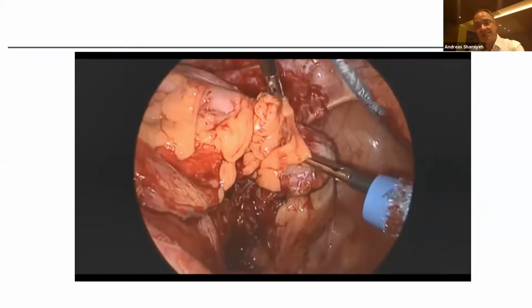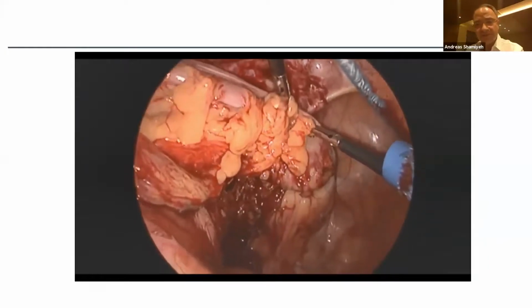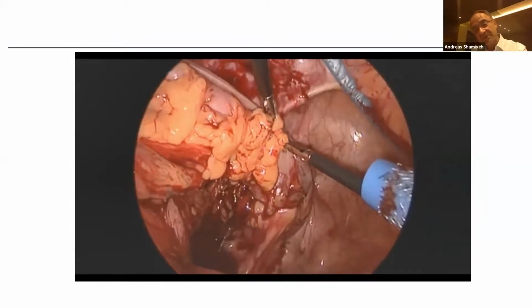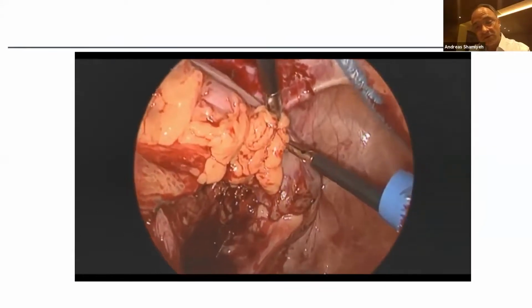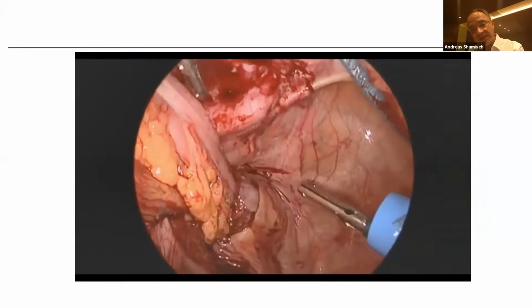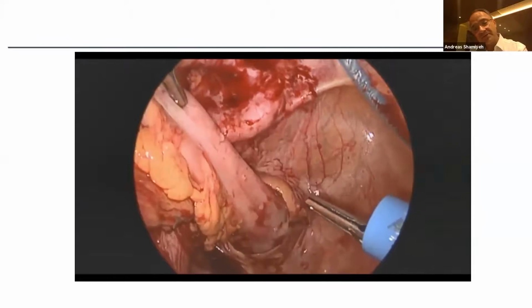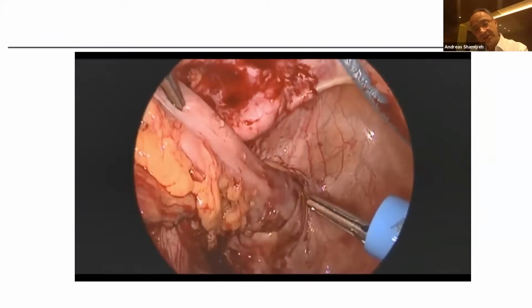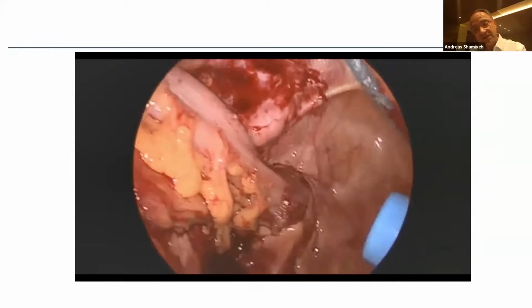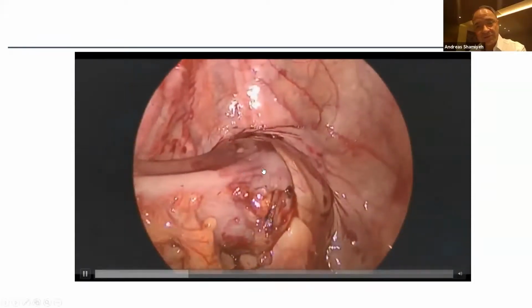Here is an example where we had to change strategy. This was at a time when not all of our staff used it routinely. After putting the stapler together, before firing the anastomosis, it looked like not so good a blood supply.